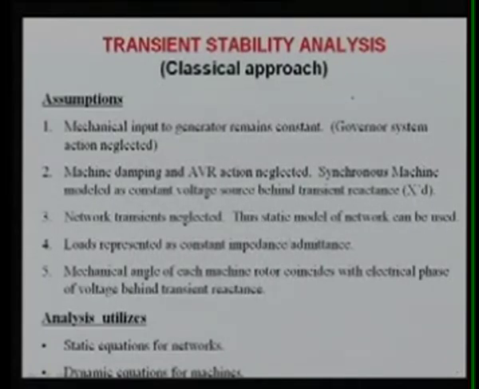Here the generator G is given mechanical power coming through the turbine system and then the governing system. We assume that for the analysis period this PM is almost constant, and that assumption is valid because the transient stability analysis is concerned with up to 5 to 10 seconds.